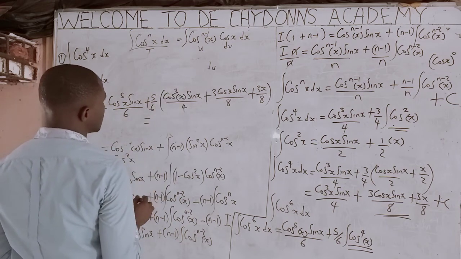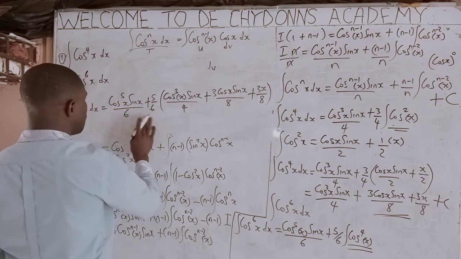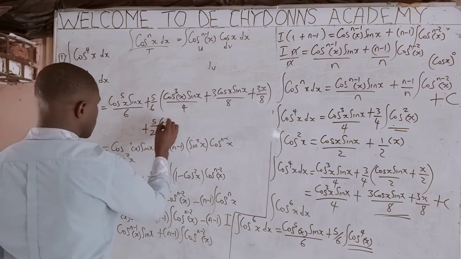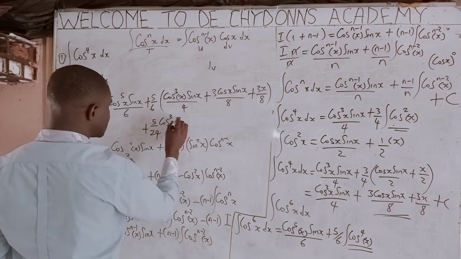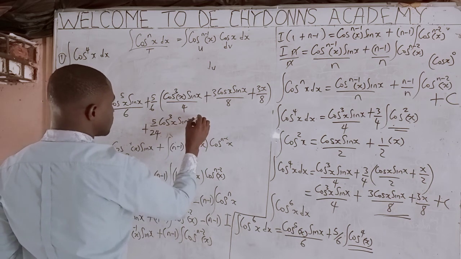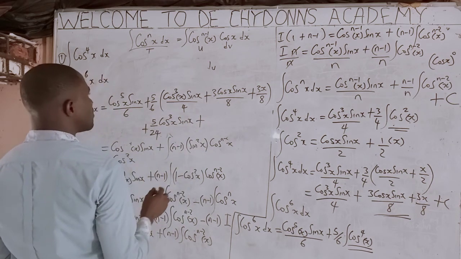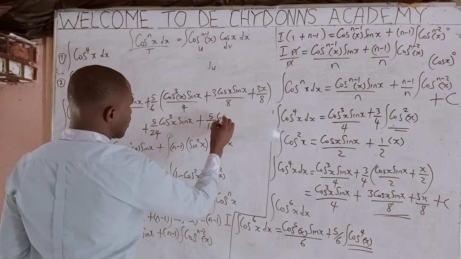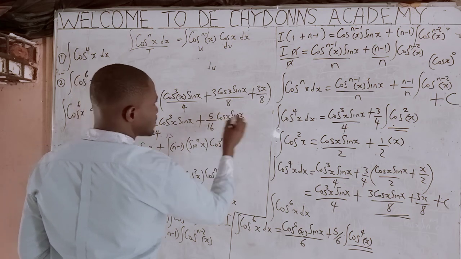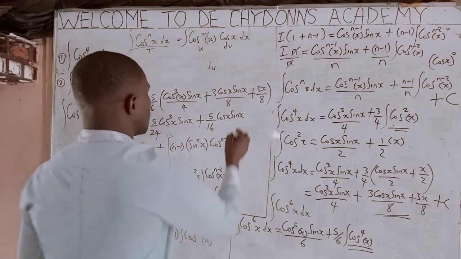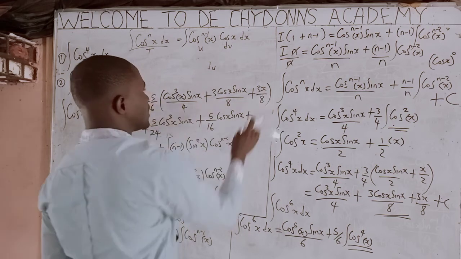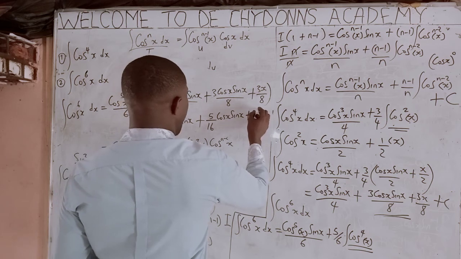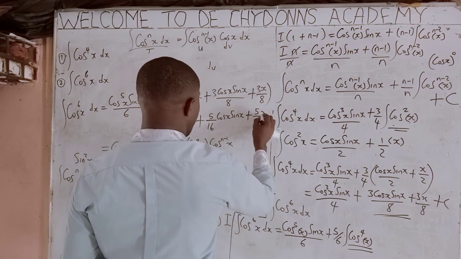This will give us 5 over 24 cos^3 x sin x, plus 5 over 16 cos x sin x, plus 5 over 16 x.